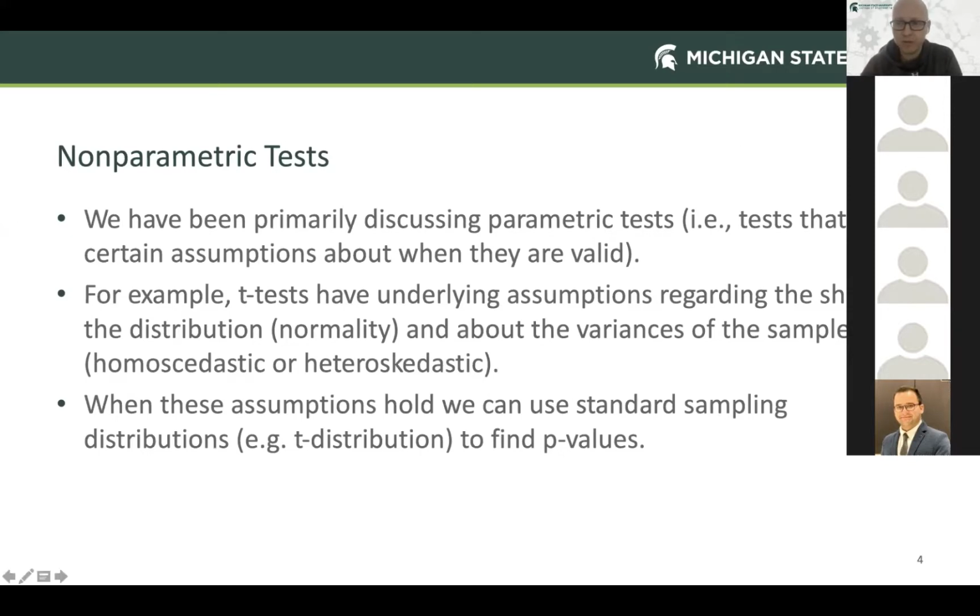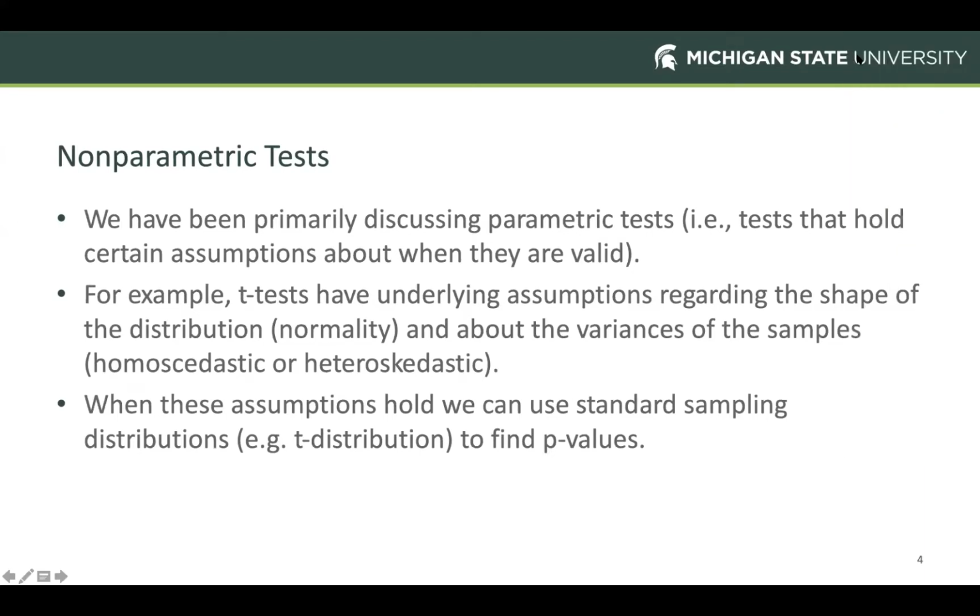And so just to clarify the terminology, when we talk about parametric tests, we use that term because those tests assume certain underlying distributions for the parameters that we're interested in evaluating.